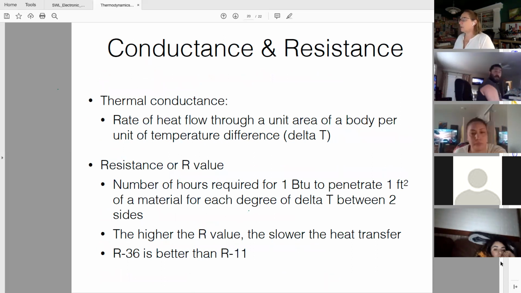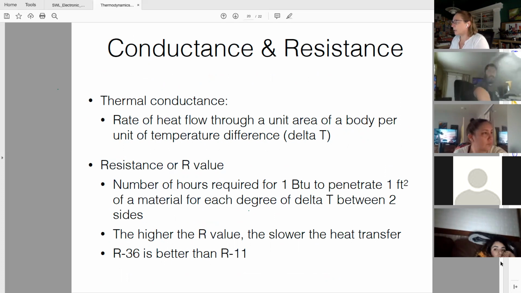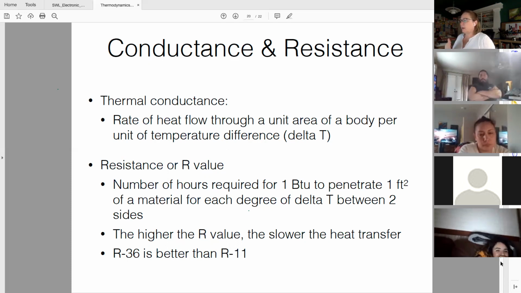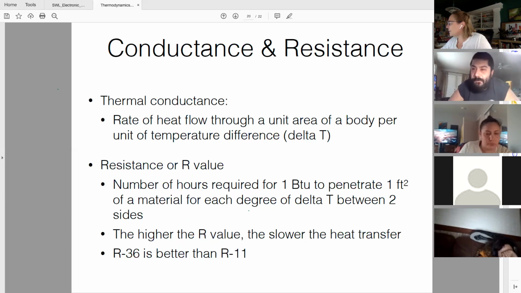Okay, so let's see. We talked about thermal comfort, talked about types of space conditioning. The last bit regarding thermodynamics is talking about conductance, resistance, and insulation.